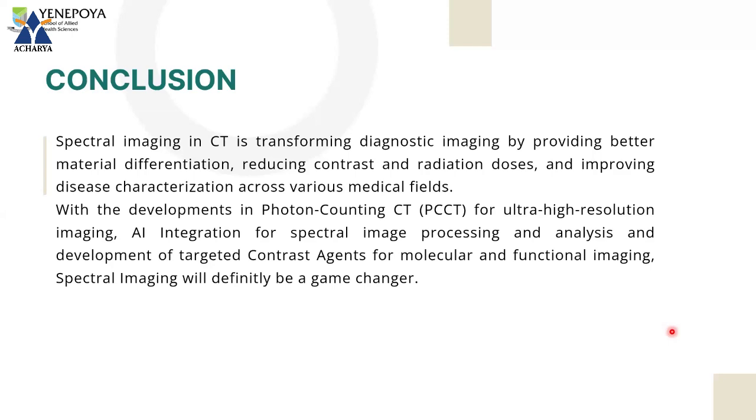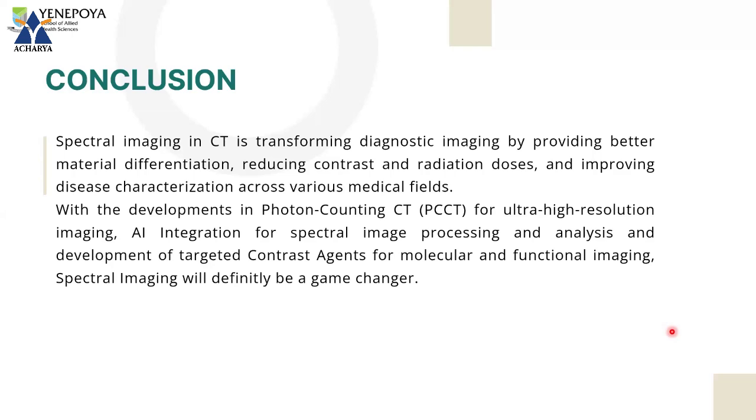And with the recent developments, such as photon counting CT or detectors, ultra high resolution imaging is there. Then once you integrate AI for image processing and analysis of the spectral imaging data, and with the development of targeted contrast agents for molecular and functional imaging, again, if you are targeting the contrast agents to a specific part, you don't have to give a lot of contrast media.